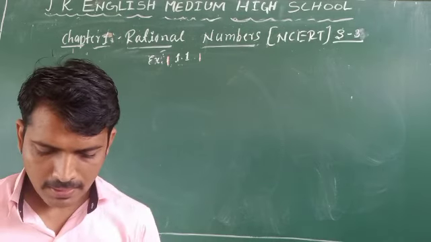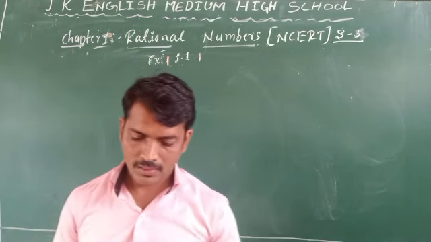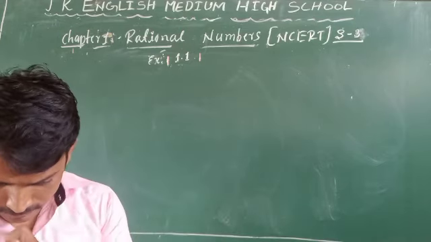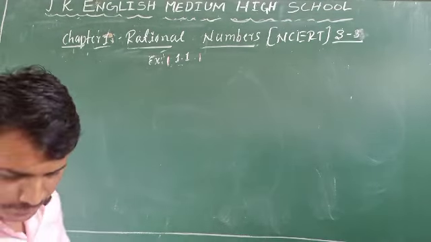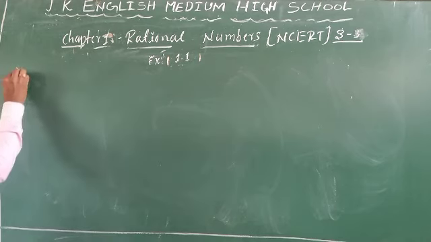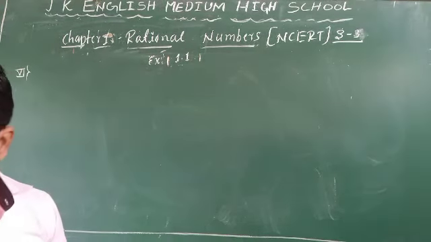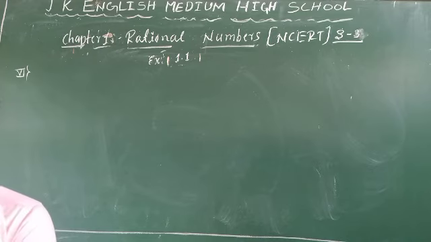Sixth one is: multiply 6 by 13 by the reciprocal of minus 7 by 16. Now we are learning the sixth one.